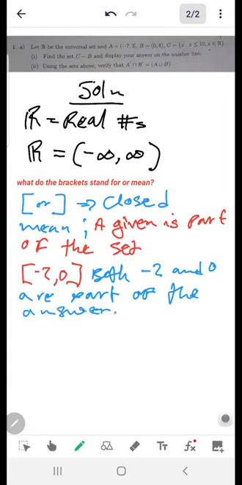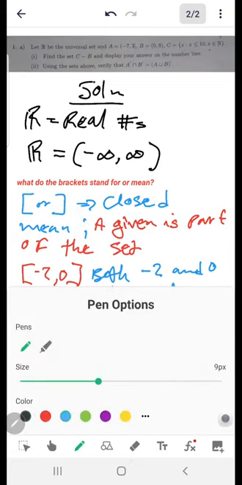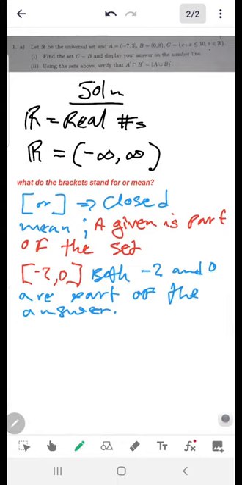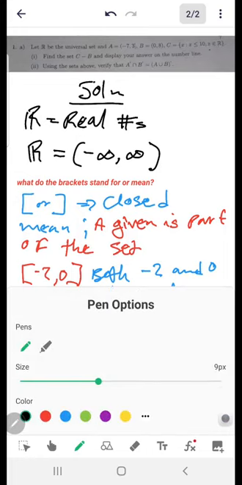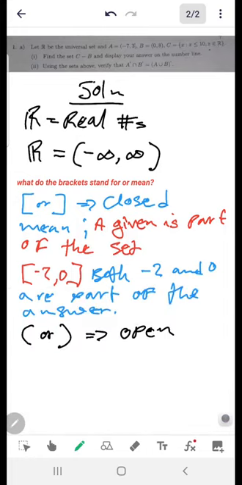Then what else are we supposed to understand? The other type of bracket is this one or that one. These are called open brackets. What do open brackets mean? They mean not part of the set.